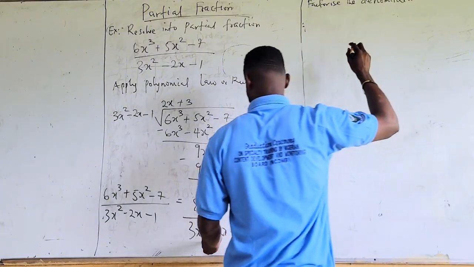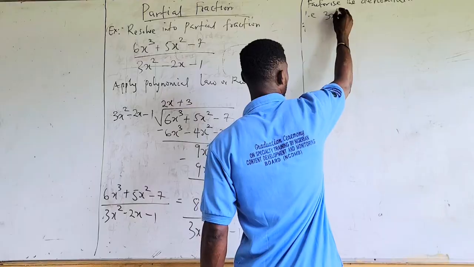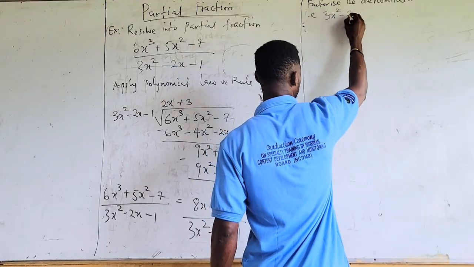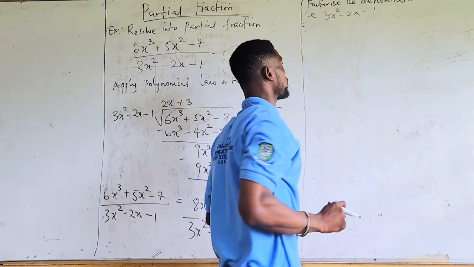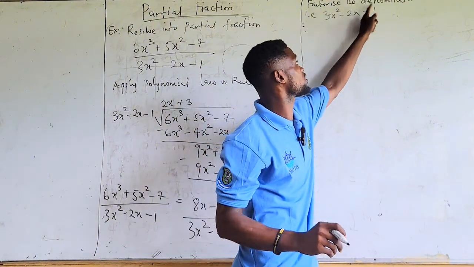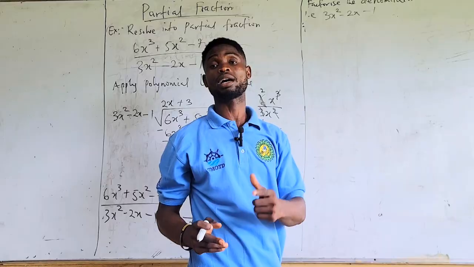The denominator is 3x squared minus 2x minus 1. Because this one is not a perfect square, we are going to use the discriminant method or trial and error.